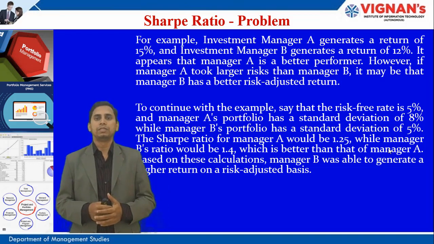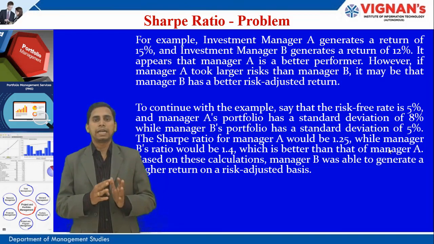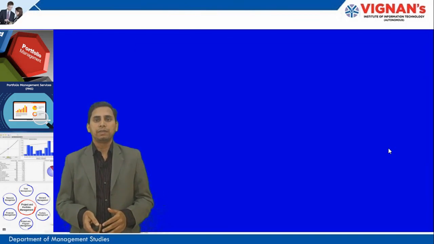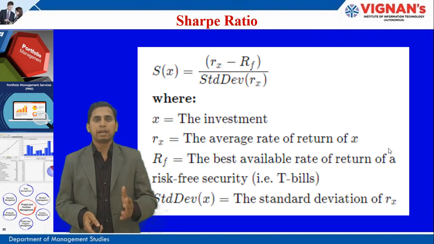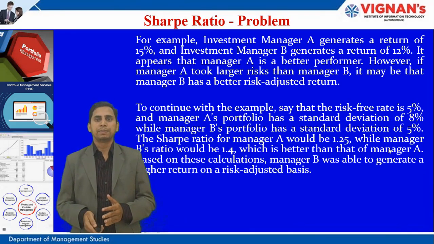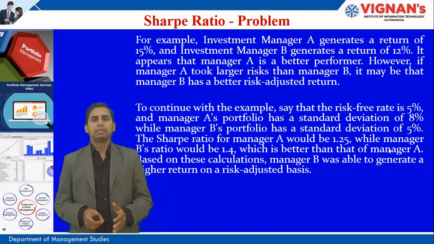So in this example, for portfolio manager A, we replace the values in this formula: the return for portfolio A is given as 15%, the risk-free rate is 5%, and the standard deviation is given as 8% for portfolio A. So wherein the manager has generated this kind of return.